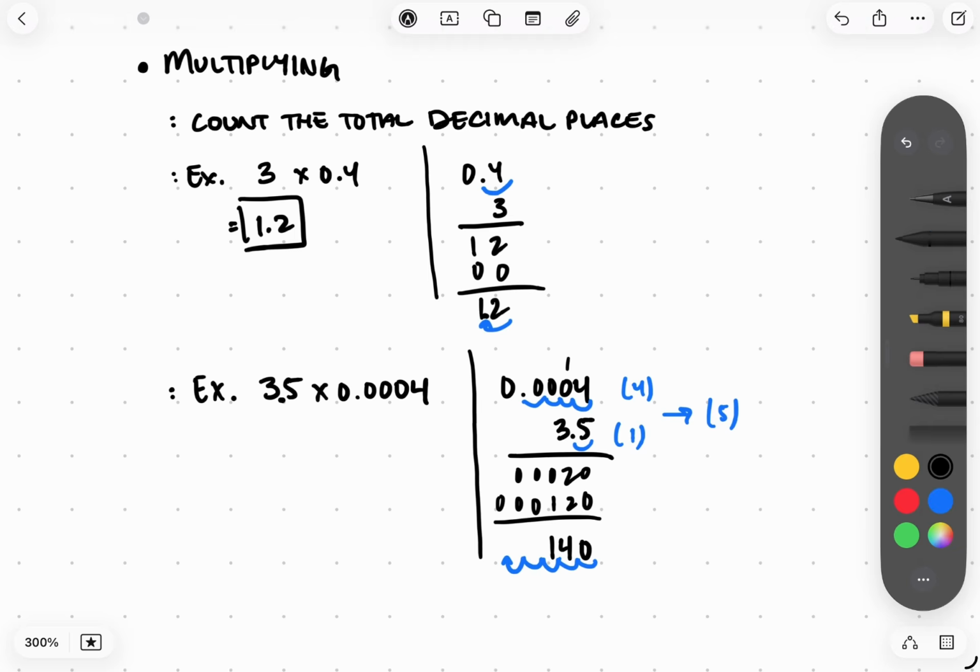Now I'll need to put the decimal place here. I could put a 0 in front. I'll put a 0 under the missing spots there. And so my answer is going to be 0.0014. Now at this point, if you have any zeros at the end, you could remove them. If you are asked for significant figures, don't forget that you need to include those zeros as well.